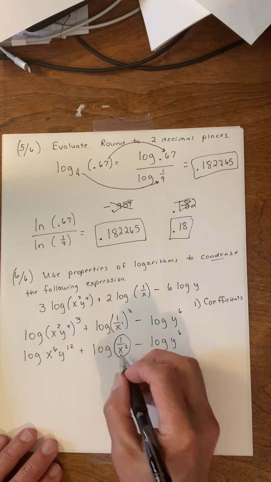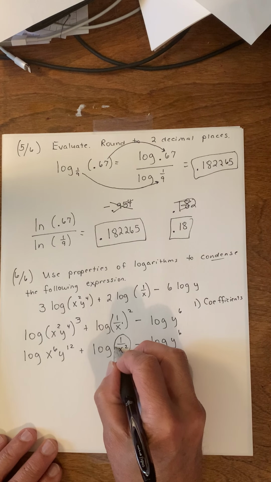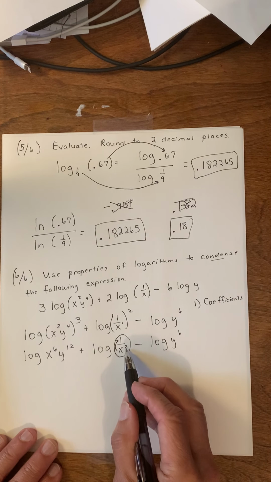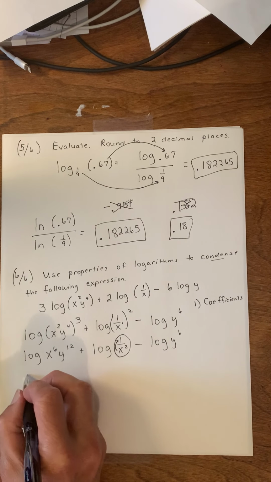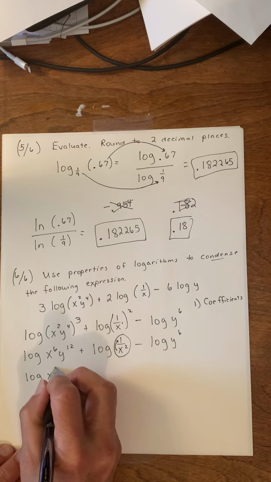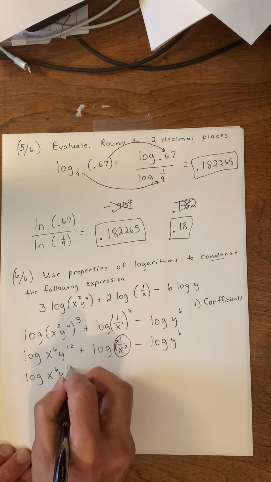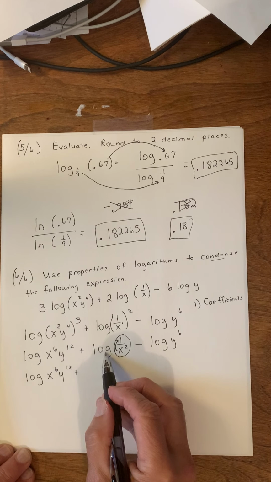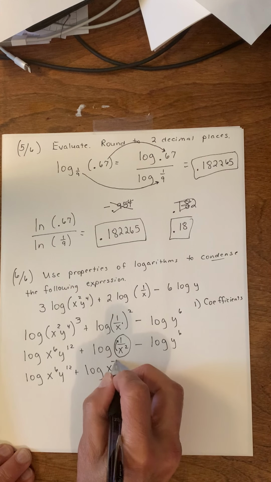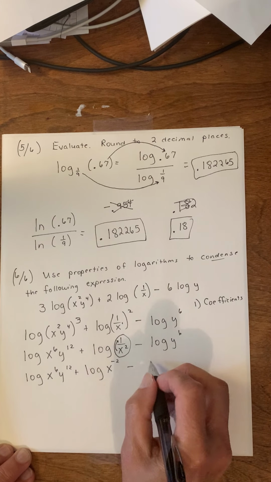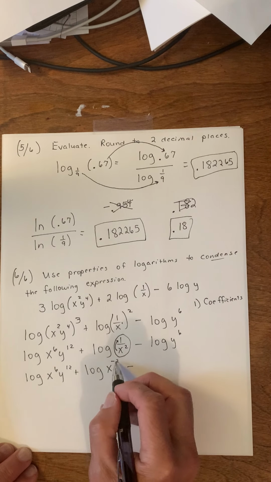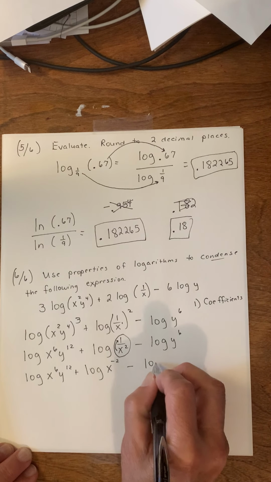I can move a term to the other part of the fraction if I change the sign of my exponent. So before I multiply these 2 values, I'm going to change log of 1 over x squared to log of x to the negative 2. Now you don't have to do that, but I'm going to do that just so I can combine my x's here.